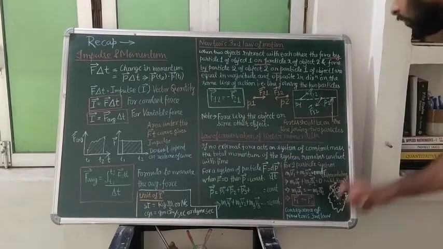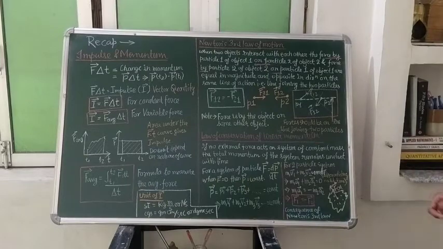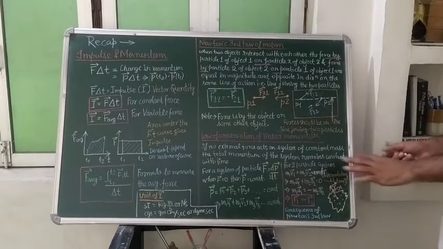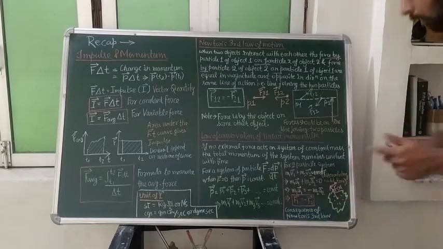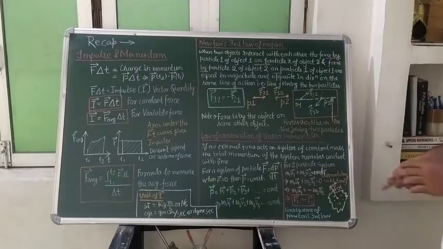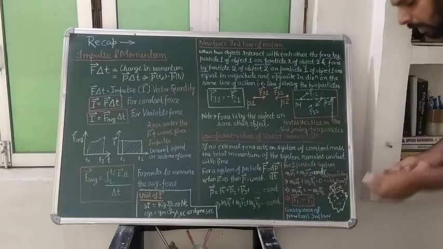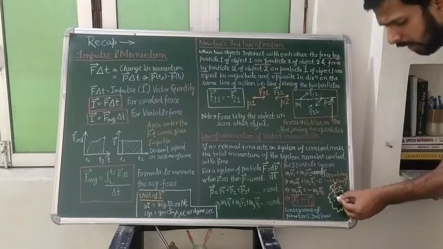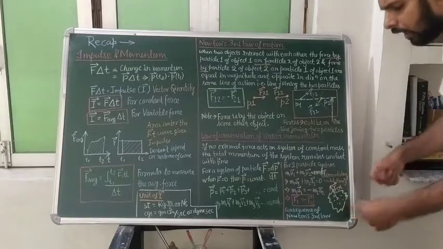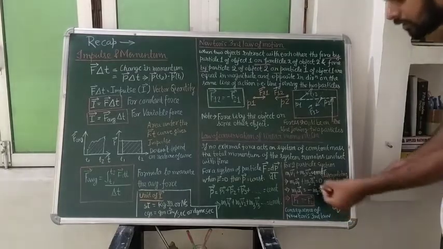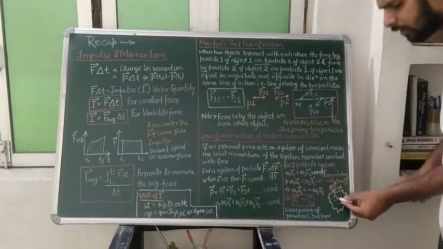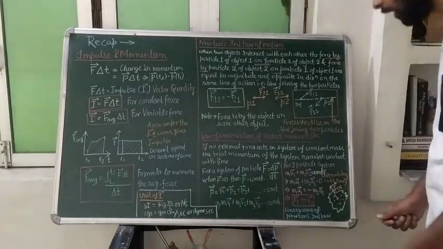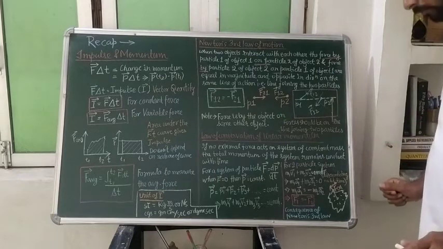It is the consequence of Newton's third law, and we have seen that when a system has so many particles, from 1 to n, for any particle you are considering, all the forces acting on this particle due to the other particles inside this boundary or system will become equal and opposite to each other and get cancelled out.